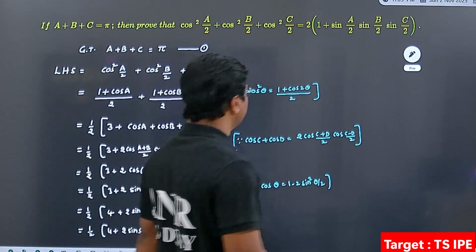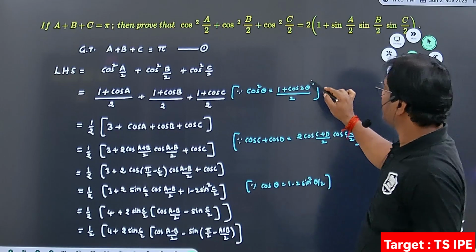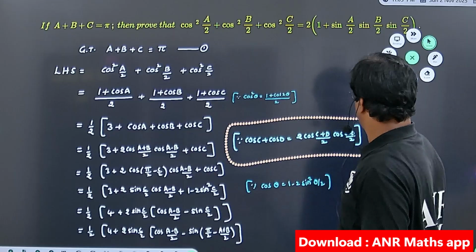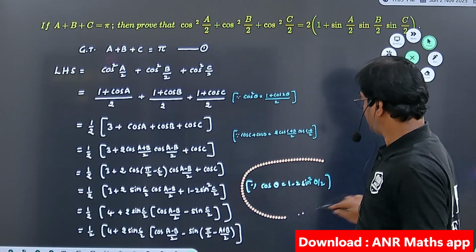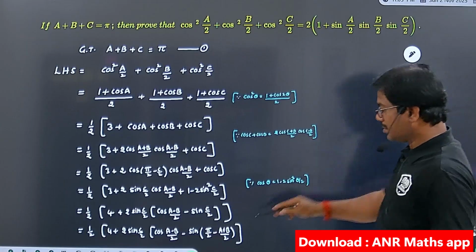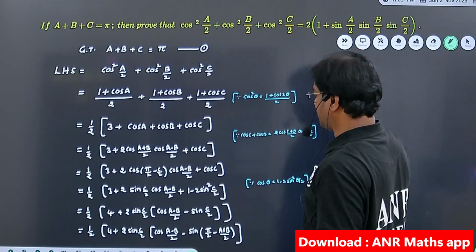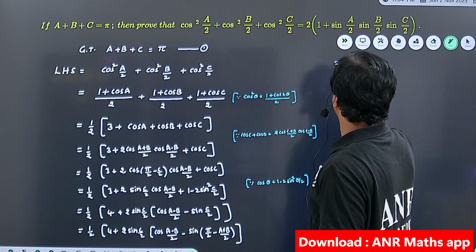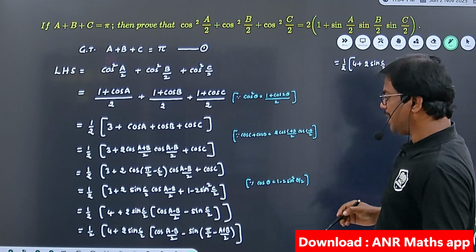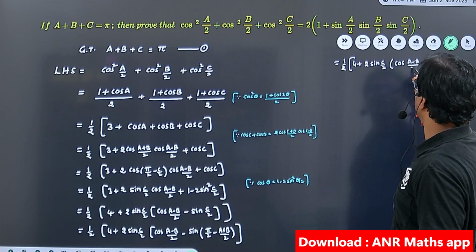Therefore, now I am going to simplify this in the next step, that is equal to 1 by 2 outside, next 4 plus 2 times sin of C by 2 multiplied by the first term cos of (A minus B) divided by 2.